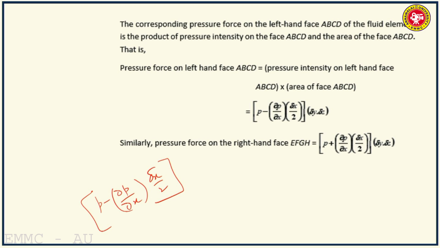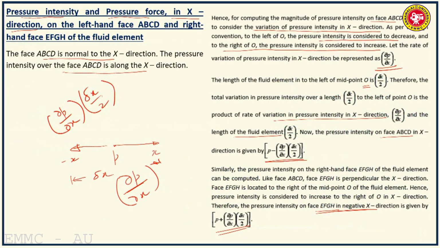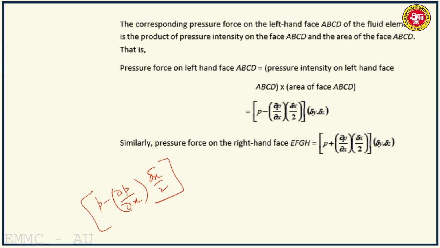So, if you multiply by the area, what is the area of ABCD? AD is the dimension along the Y axis, that is delta Y, and AB or DC is the dimension along the Z axis, that is delta Z. So delta Y delta Z is the area of the face ABCD.